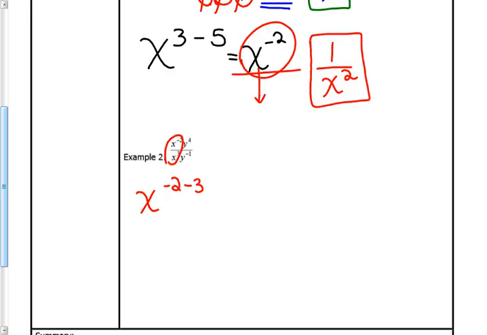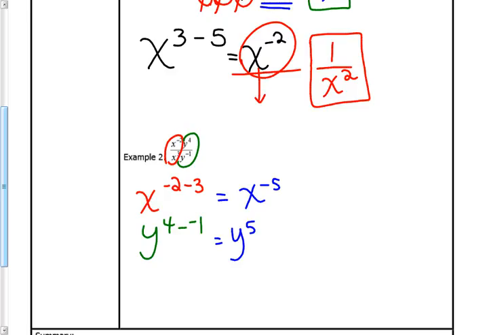And then for the y's, I can go ahead and say y to the 4 minus negative 1. You want to make sure you keep those signs the way they are, and you do have the subtraction between them because these were both division. So negative 2 minus 3 is actually negative 5, so this becomes x to the negative fifth power. Then 4 minus negative 1 is actually a positive 5.